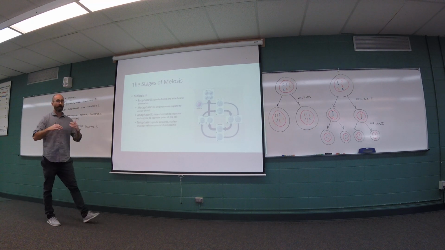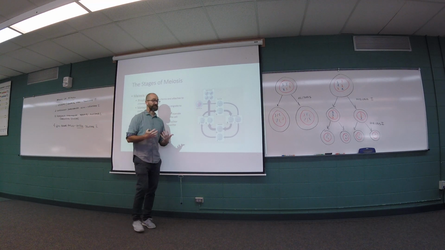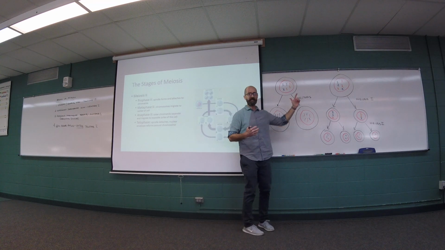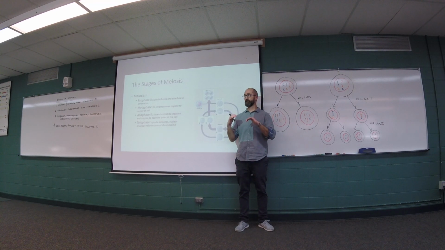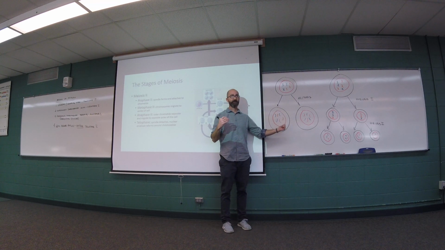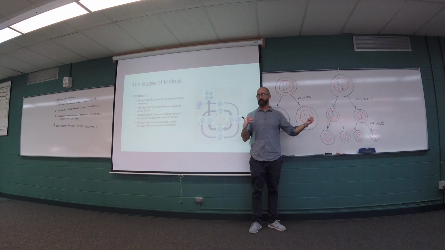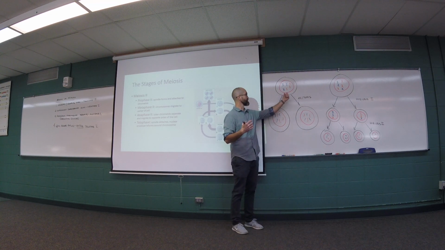Okay, so why do we even care about this? Why is this a cool thing? This is a cool thing, you guys, because meiosis allows us to retain chromosome number across generations, right? Think about what would happen if our gametes looked like this. If each of our gametes carry 6 chromosomes, if this 6 chromosome sperm cell fertilizes this 6 chromosome egg cell, we end up with 12 chromosomes, which is bad because the parental generation only had 6 chromosomes.